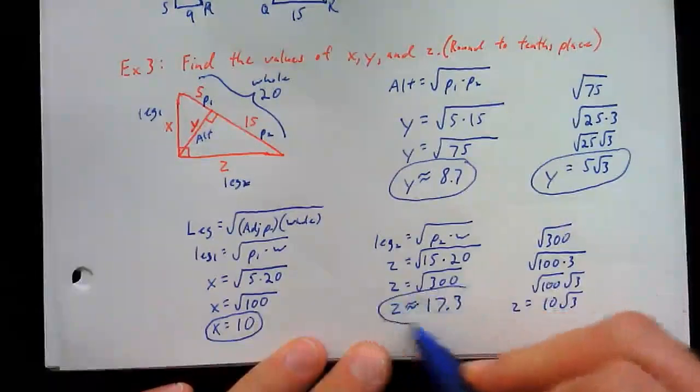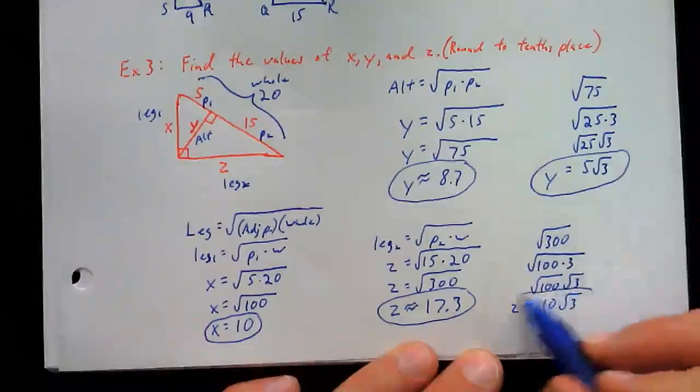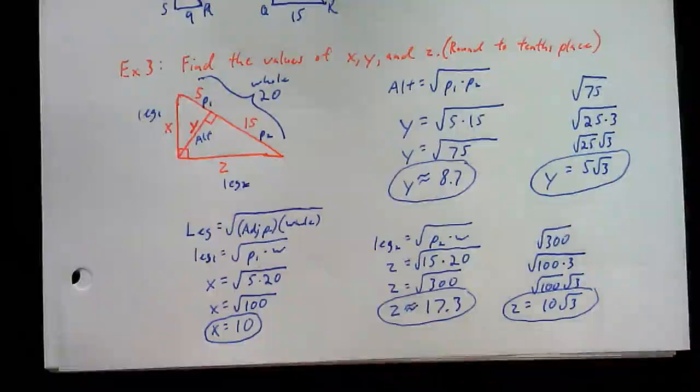So we have our rounded answer, we have our exact value, and that is how you use those equations to solve for a leg or an altitude. You could also use it to solve for one of the missing pieces. So if you're given an altitude or given a leg and you're given some of the other parts on that triangle, you could use these as well to find the other pieces.